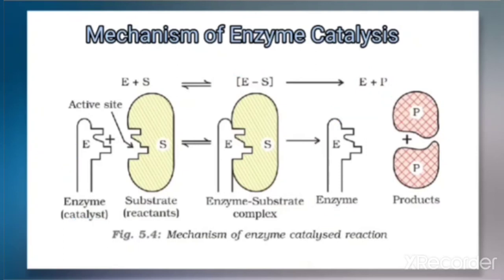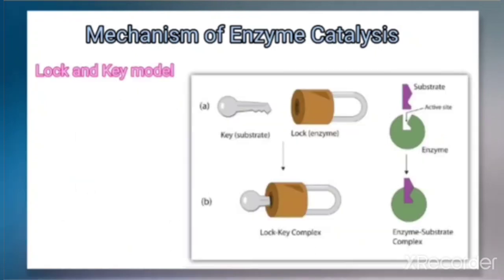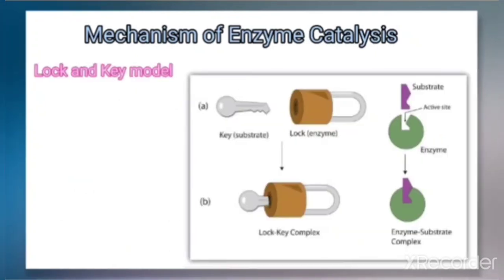This can be explained by the mechanism called the lock and key model. As we know, a particular key can only open a particular lock. Similarly, the mechanism of enzyme catalysis is considered with the lock and key.